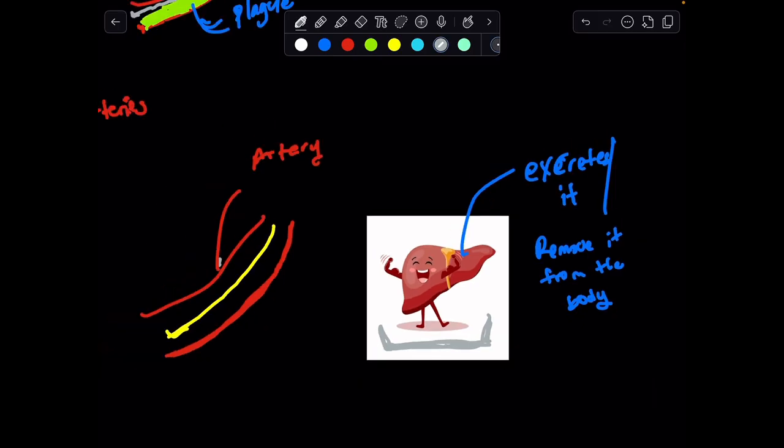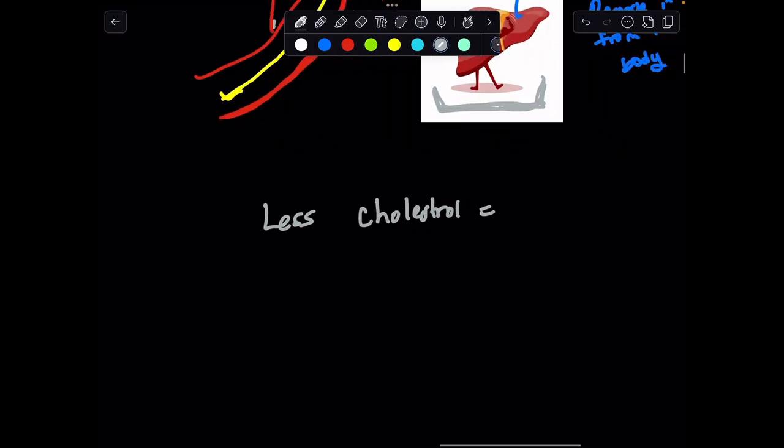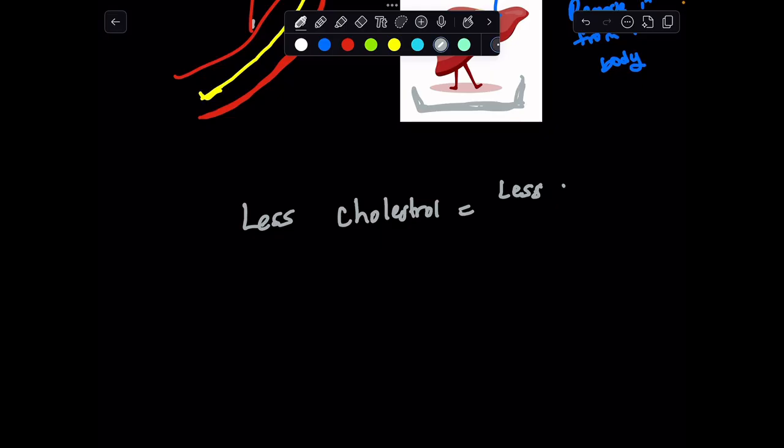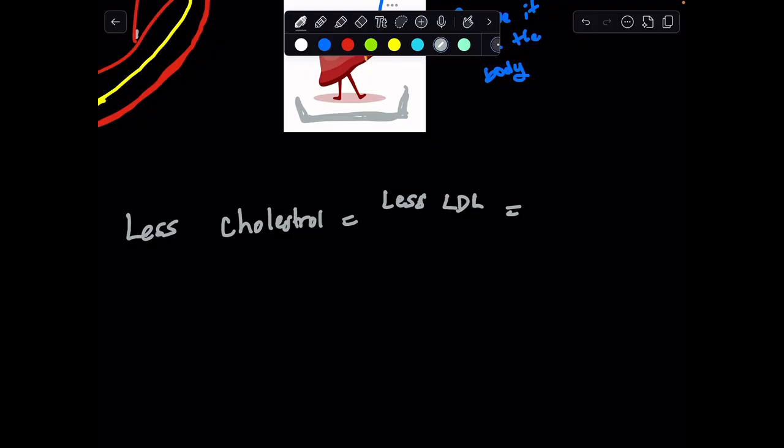And that's a good thing, because let's make a mental note: less cholesterol equals less LDL, or less deliveries for LDL, which equals no plaque, right?